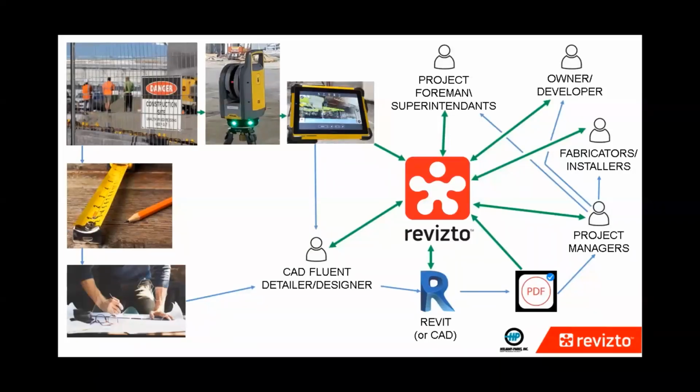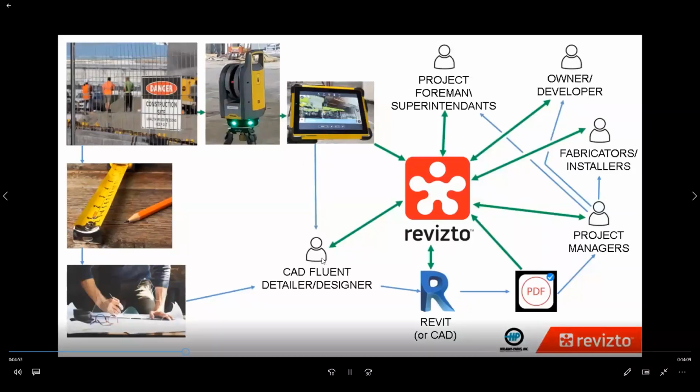And using the scanner, we're able to push the scan straight into Revizto. And so all the team members are able to view the content at the same time that a detailer or engineering designer is processing that data and producing a model. So we can see that, concurrently, the data is going here, it's going here.